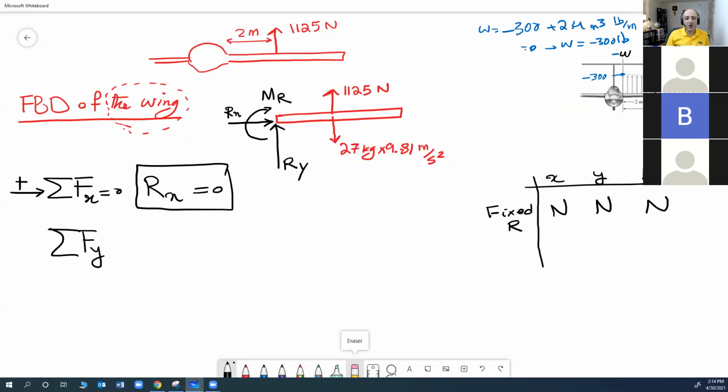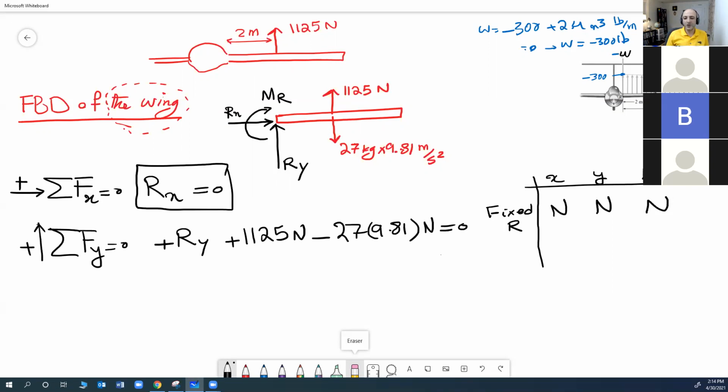Summation of forces in Y being 0. Again, I don't care about the signs of previous section that this was negative. Anything that points up, I'm going to take positive. So I have Ry plus 1125 minus 27 times 9.81 equals 0.